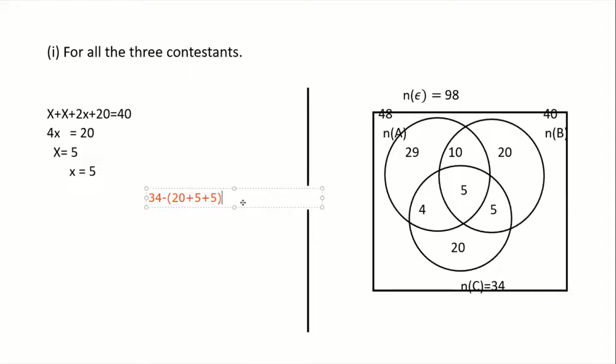Remember, this set is supposed to give us 34, but if we subtract what we are given, we shall be able to find what is not given. So this is giving us 34 minus 30, which is giving us a 4. So you come and input the 4 here in the A intersection C.